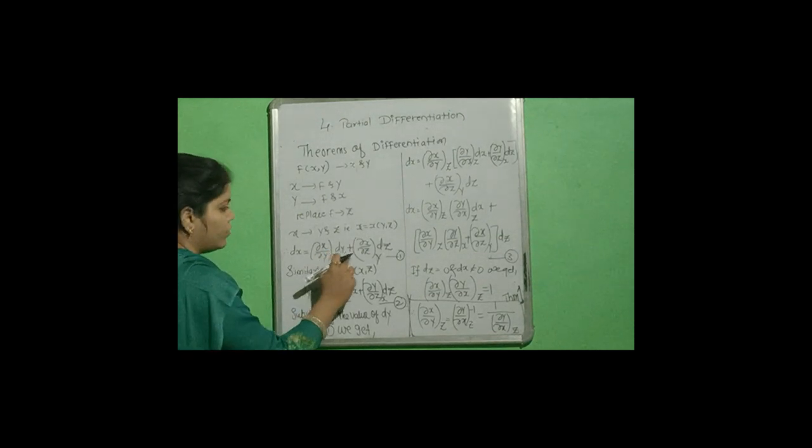Substituting the value of dy in equation 1, we get dx equals (∂x/∂y) at constant z, then in brackets (∂y/∂x) dx plus (∂y/∂z) dz, plus the second term as it is, (∂x/∂z) at constant y dz. Now we will take the dx terms together and the dz terms together.